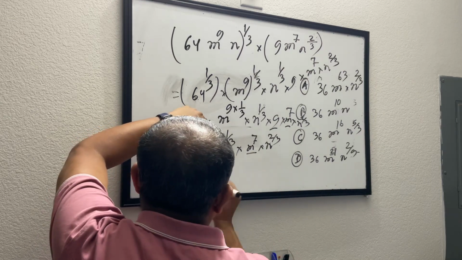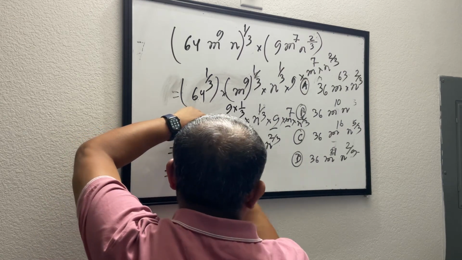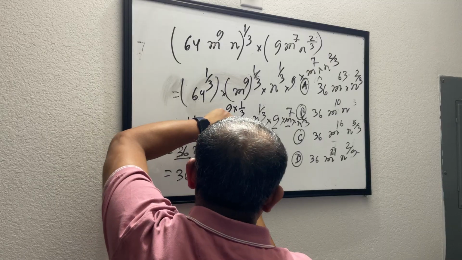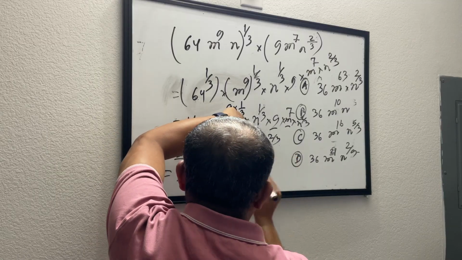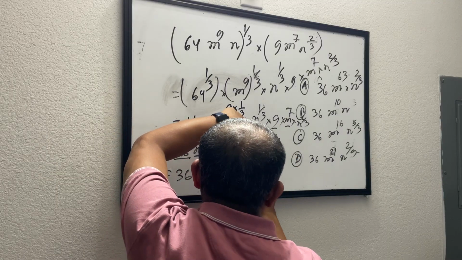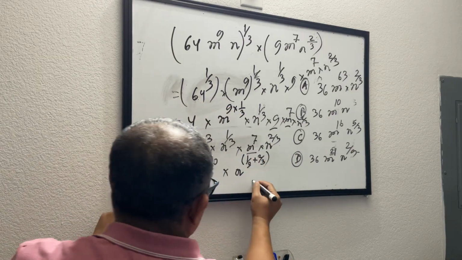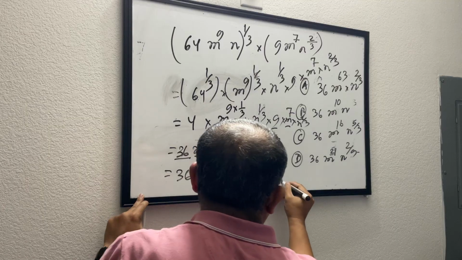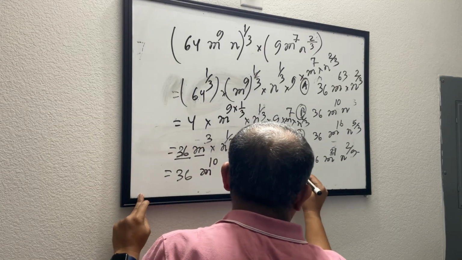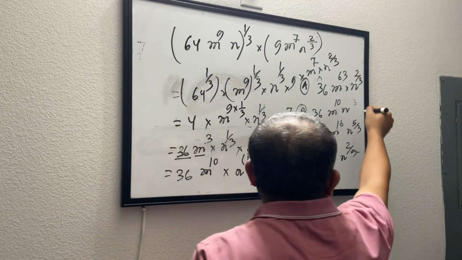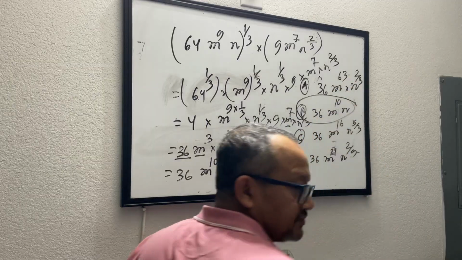When you multiply them, it becomes m to the power 10, 3 plus 7. And then when you multiply n to the power 1/3 and n to the power 2/3, it becomes n to the power 1/3 plus 2/3, which is equal to 1. So this becomes 36 m to the power 10 into n to the power 1. Bingo. Yep.